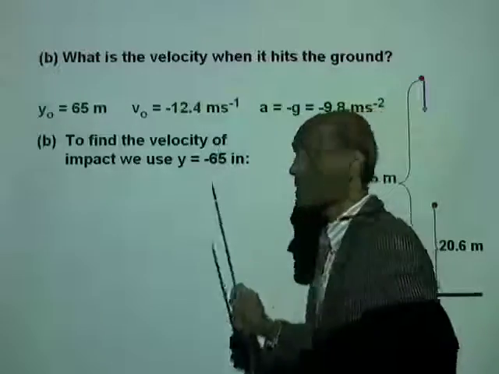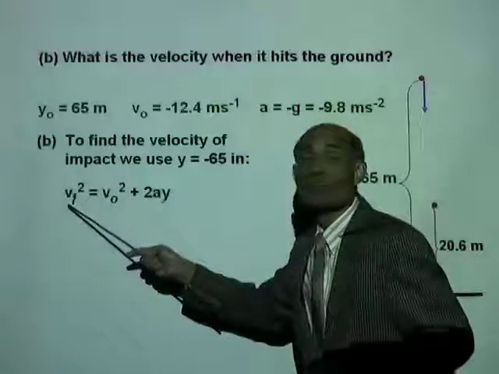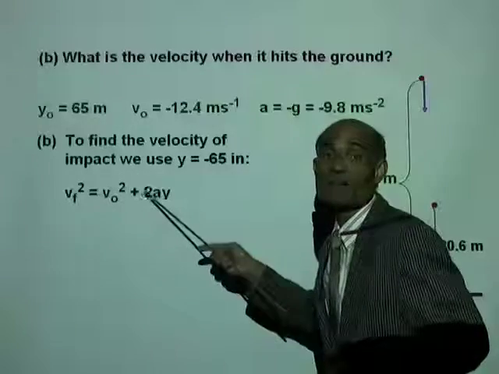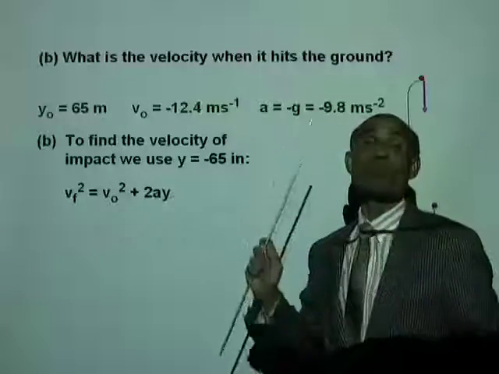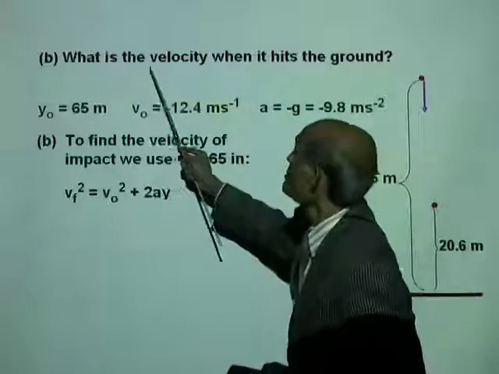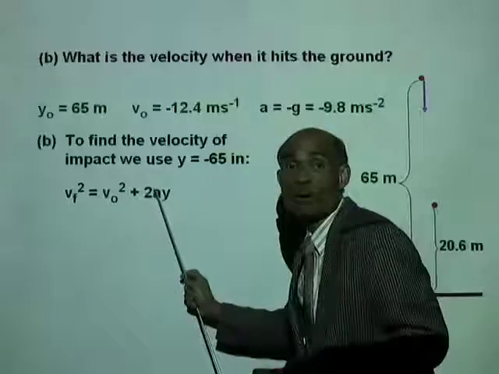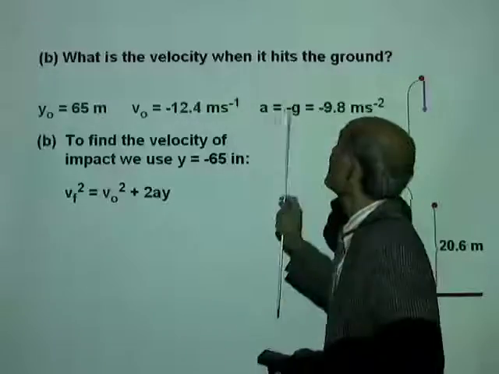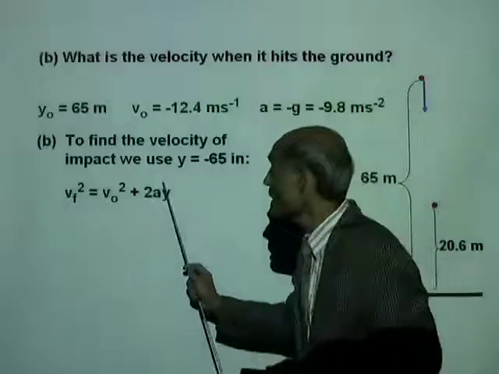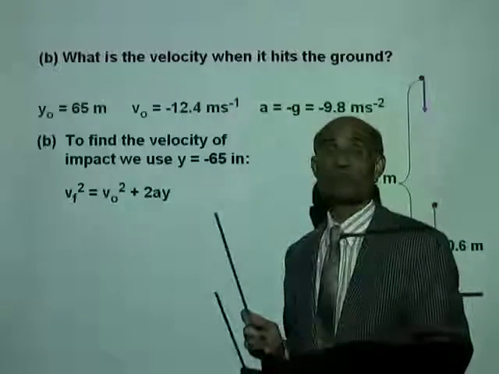So we use y equal to negative 65 in the equation Vf squared equal to V0 squared plus 2ay. Well, we need to find the Vf, the velocity when it hits the ground. We know V0, we know a equal to negative 9.8 meters per second squared, and y equal to negative 65.